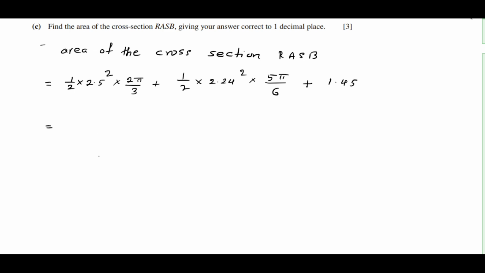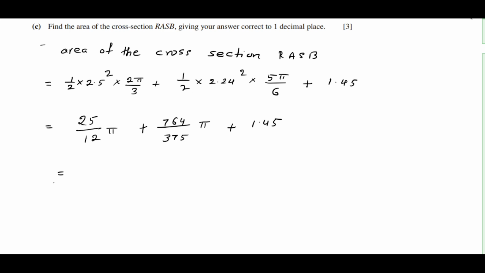So the area will be 25 divided by 12 pi plus the second part, 2.24 square divided by 2 into 5 divided by 6 pi, is 764 divided by 375 pi, and then plus 1.45.